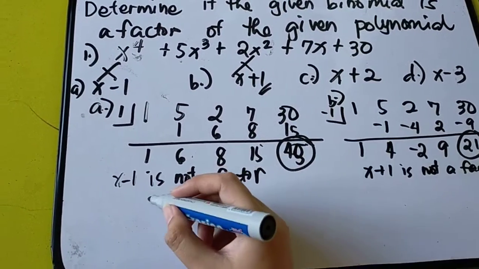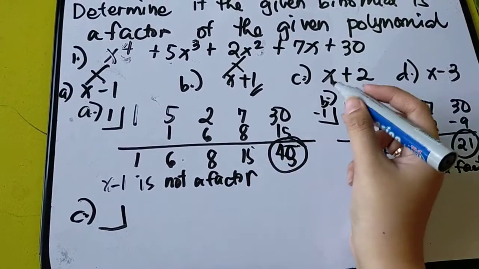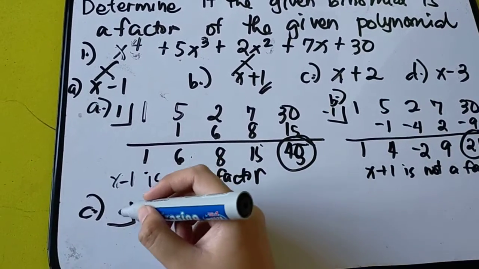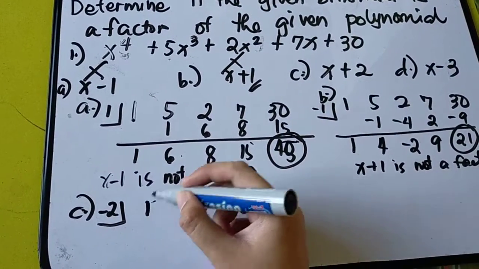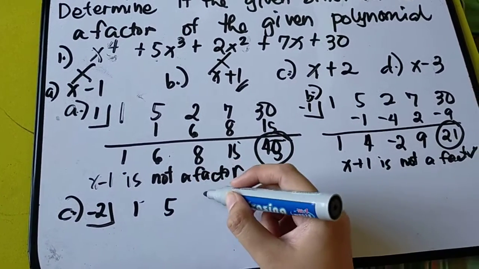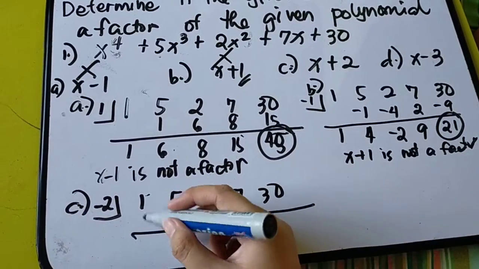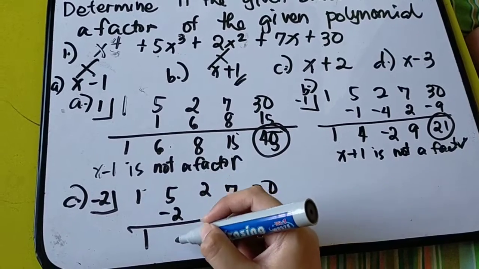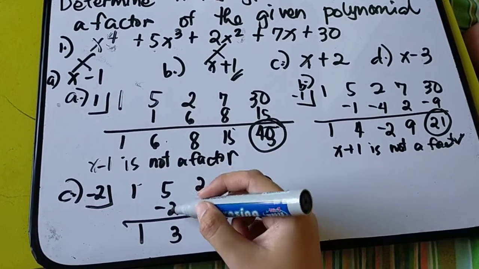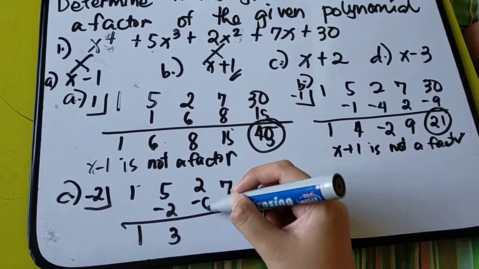Okay? Let us move with x plus 2. So, since x plus 2 tayo, letter C tayo. Ang gagamitin naman natin, since positive yon, magiging negative 2. Let's have all the numerical: 1, 5, 2, 7, 30. So, we have bring down 1 times negative 2, negative 2. This one is positive 3. 5 minus 2 is positive 3, times mo ulit, that is negative 6.